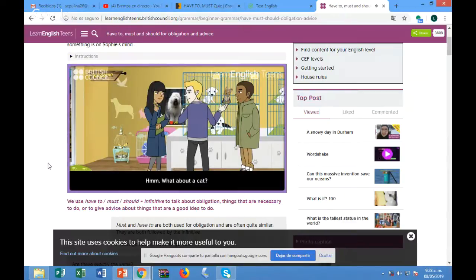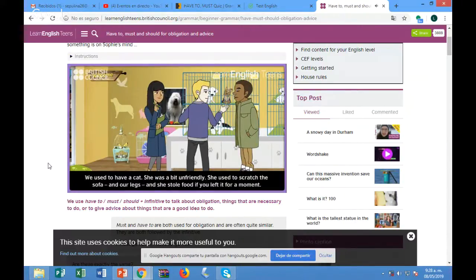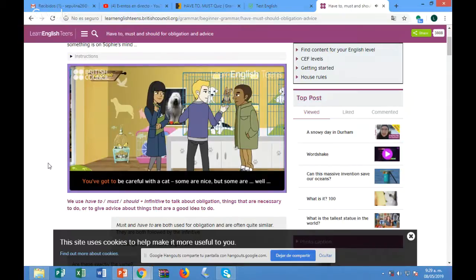What about a cat? We used to have a cat. She was a bit unfriendly. She used to scratch the sofa and our legs, and she stole food if you left it for a moment. You've got to be careful with a cat. Some are nice, but some are, well, a turtle?